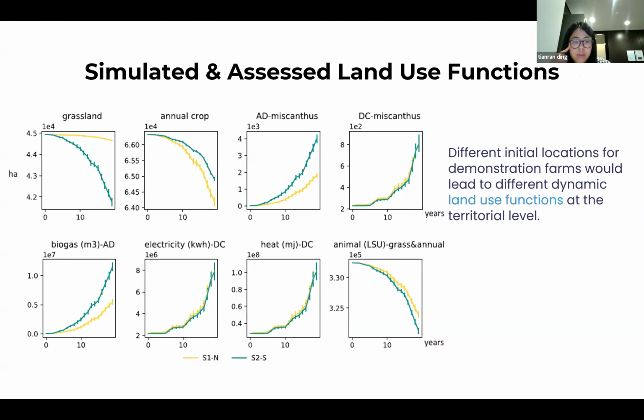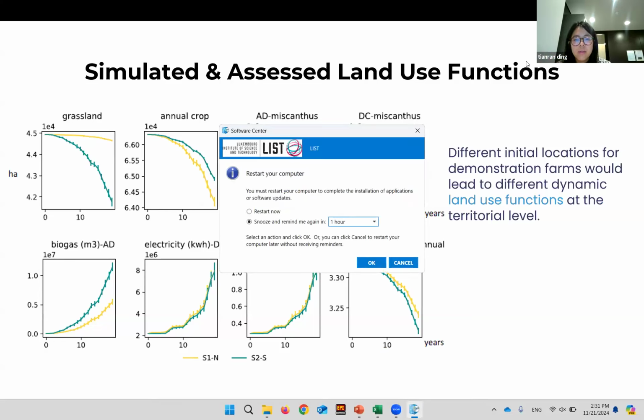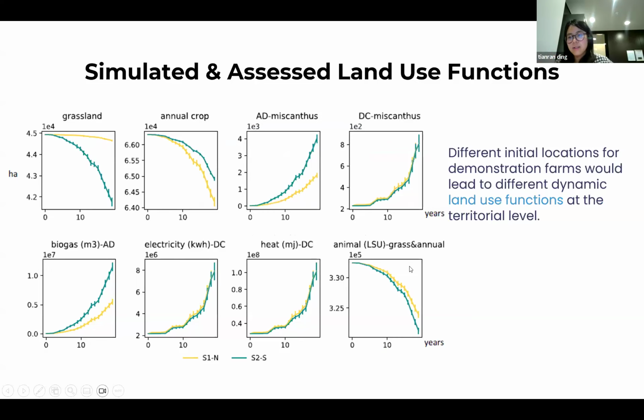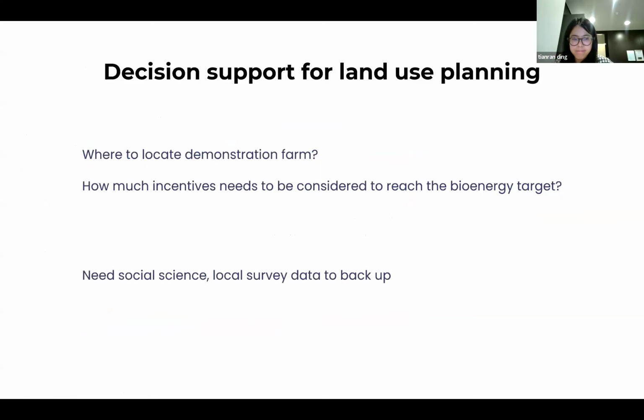The production of electricity or energy is increasing, but the meat production is reducing. But again there is a difference between the demonstration farm locations.